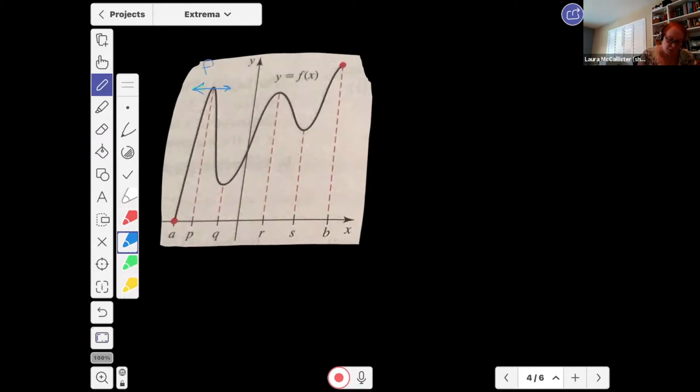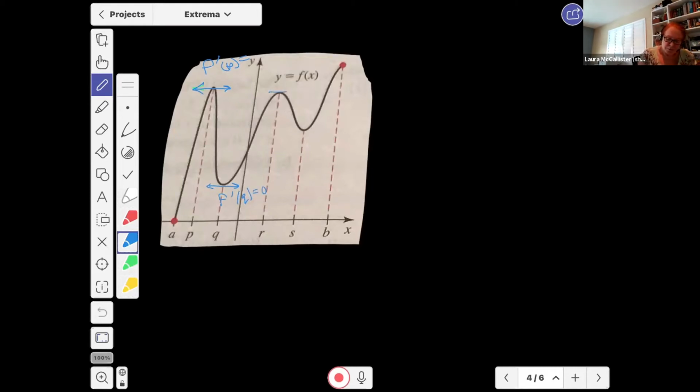Well, what do we notice about the tangent line at P? What is the value of that tangent line? Slope is 0. Perfect. Is that same thing true down here? Is the slope of this tangent line at Q also equal to 0?